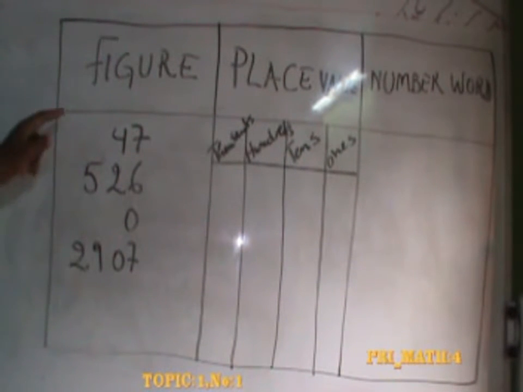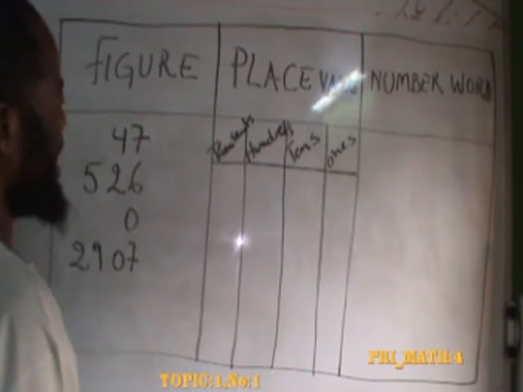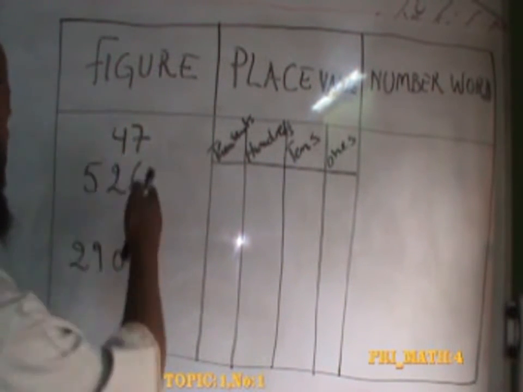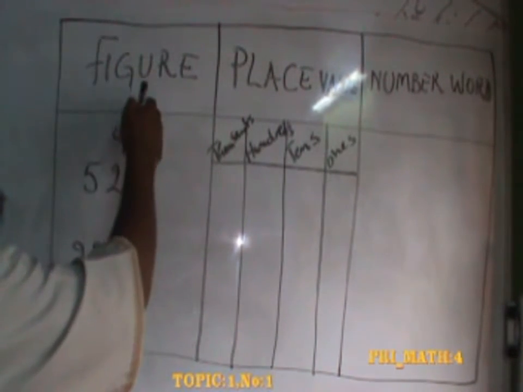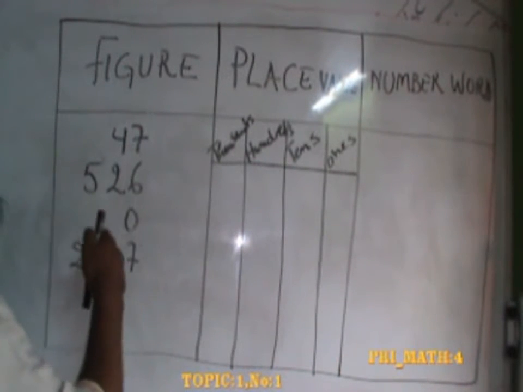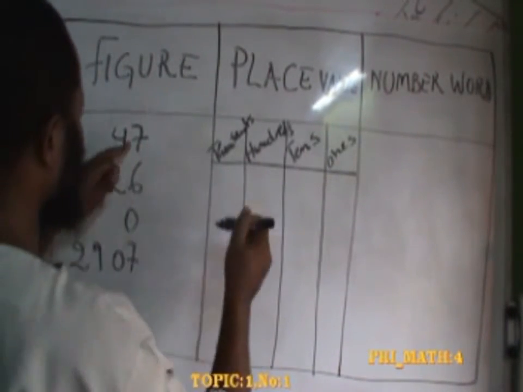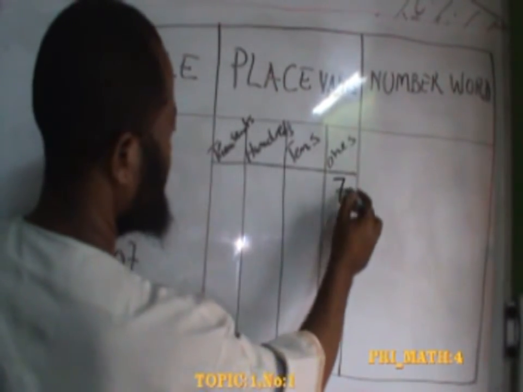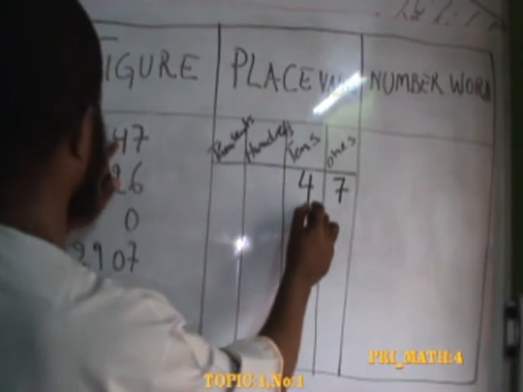These 4 numbers will be represented in the rest part of our table as follows. We know that our first digit coming from right to left is for ones. So 7 for ones, 4 for tens.